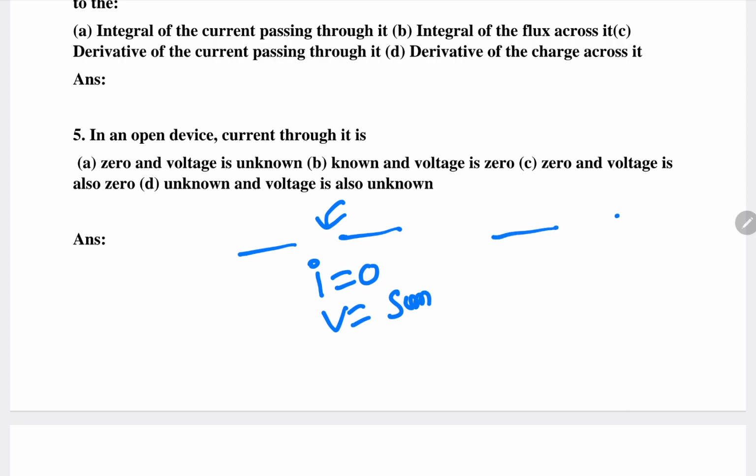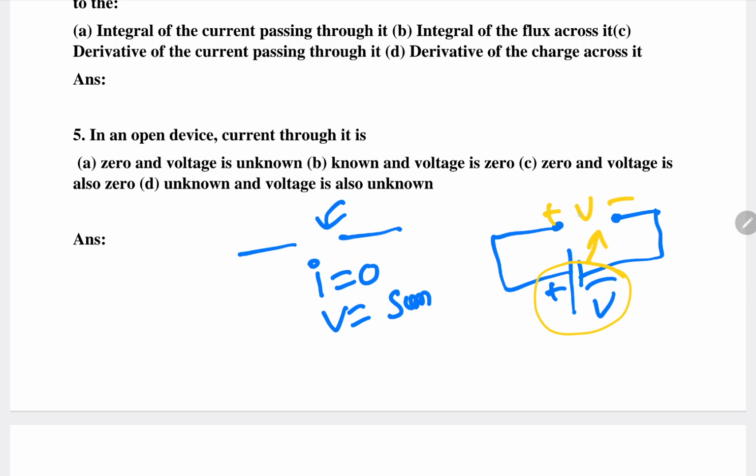Let us say this is the open circuit, but it is connected to a power supply battery, plus and minus V. What will be the voltage across these two terminals? Whatever voltage is there will appear here. So voltage will be V, but current is going to be 0. So in an open circuit, current is going to be 0.